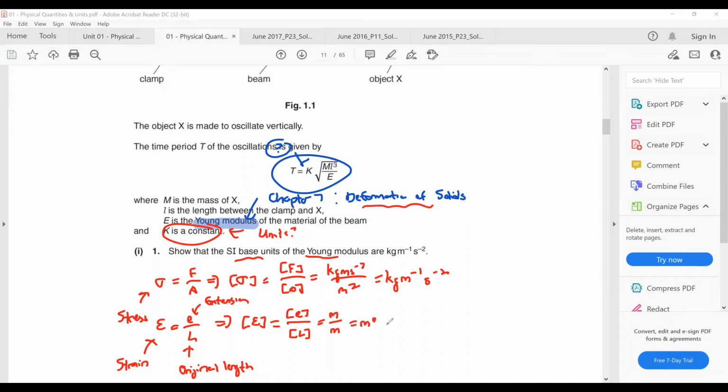Meter to the power 0, no units. Then from here, Young's modulus is stress over strain. So unit of E is unit of stress over unit of strain.